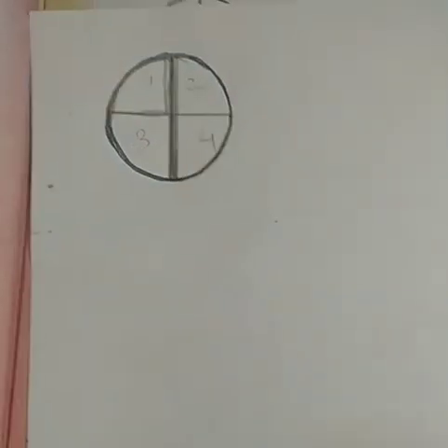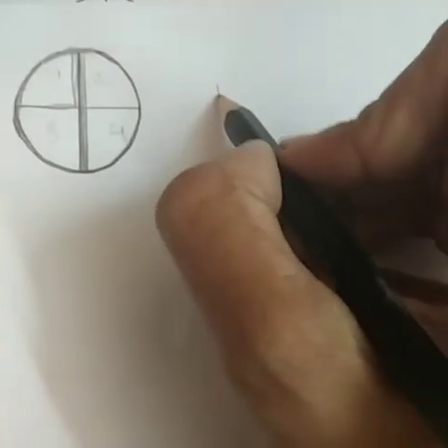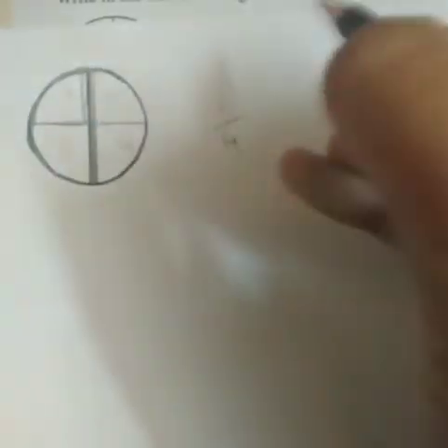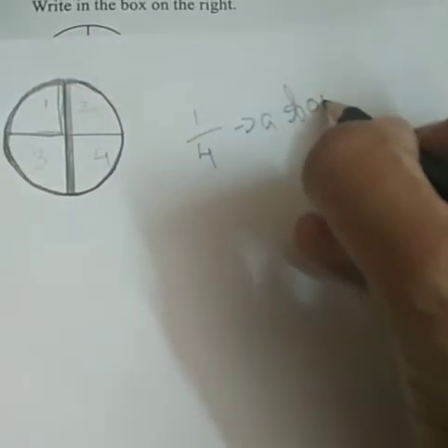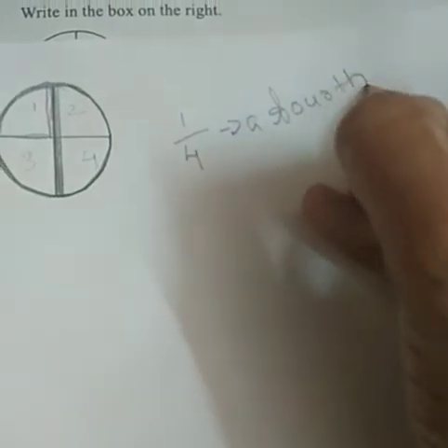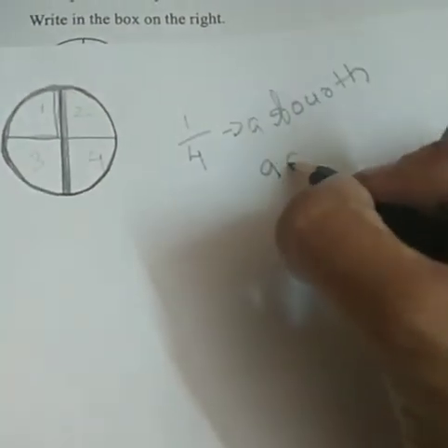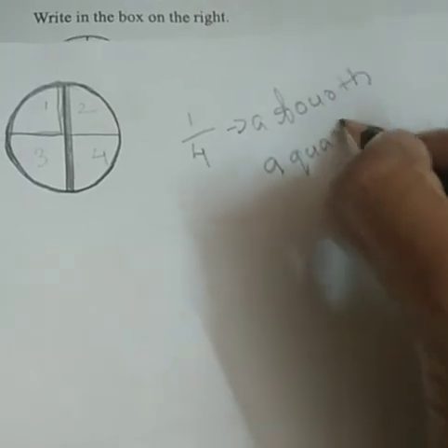Okay. 1 part is taken for them. That means 1/4 part or a fourth or a quarter part is taken for them.